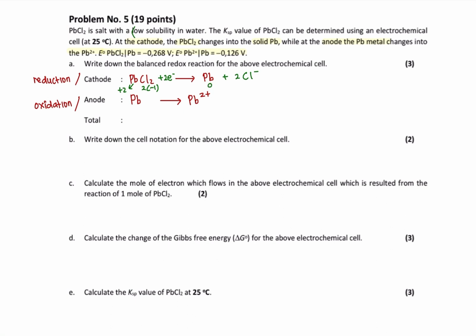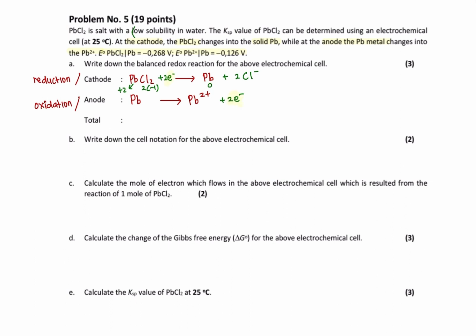So now we have a balanced number of atoms and also the charge. And for the oxidation at the anode, here we have Pb becoming Pb2+. So there's an increase of oxidation number. So it is an oxidation, so we just need to balance the charge over here, which is 2 electrons. So we can see that now both sides have 2 electrons.